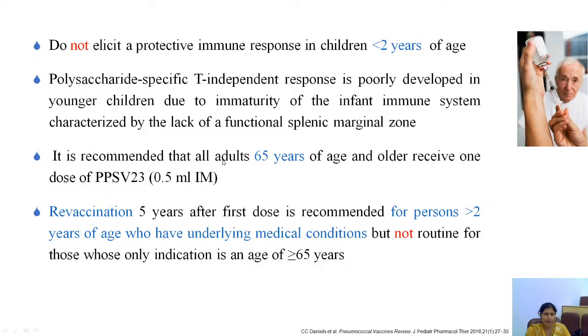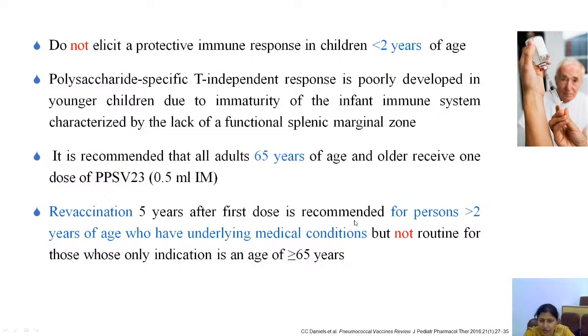It is recommended that all adults who are more than 65 years of age or older should receive 1 dose of this PPSV, that is, the polysaccharide vaccine for pneumococcus, the 23 valent variant.